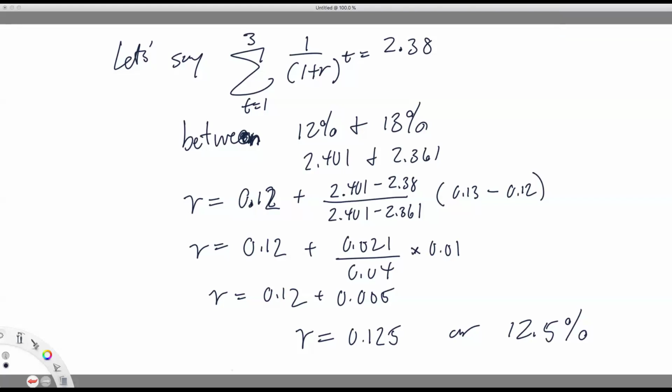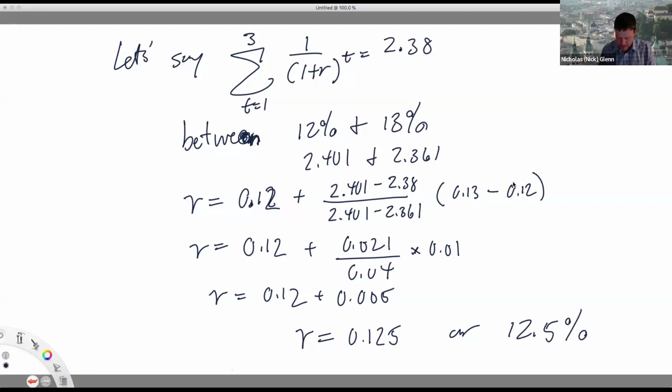So just to summarize, we would find where it lands on the table, find where it lands in between those two points, and then use this formula to find out exactly what the rate would be. Basically what it's saying here is that it's 50% of the way, kind of halfway in between on this problem. The 2.38 is halfway in between 2.401 and 2.361.